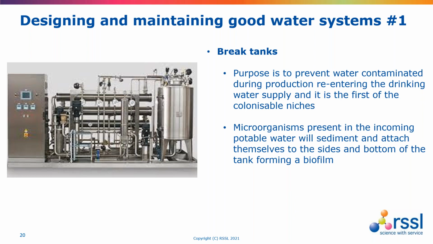The concern is always going to be with the incoming mains water, because there's an ability for those organisms to form sedimentation and to attach to the sides and bottom of the tank. So regular maintenance, cleaning and disinfection of the break tank is important in order to reduce the tendency for biofilms to develop.